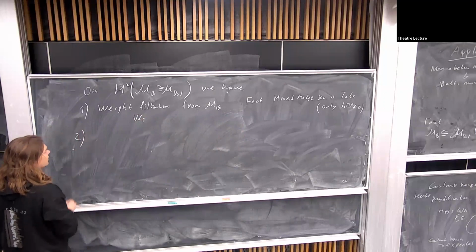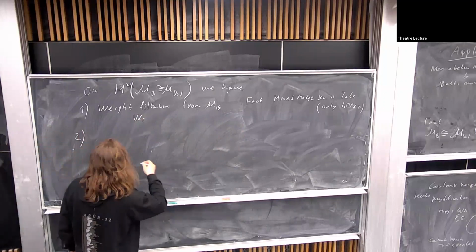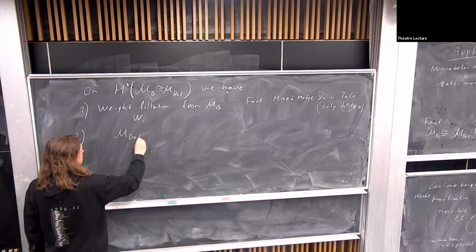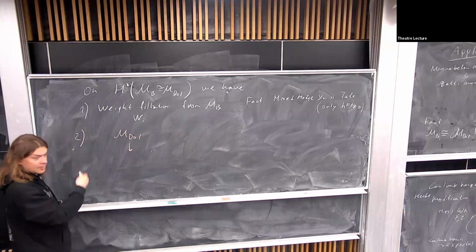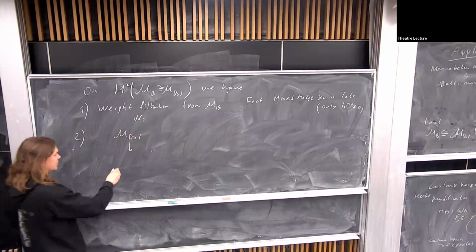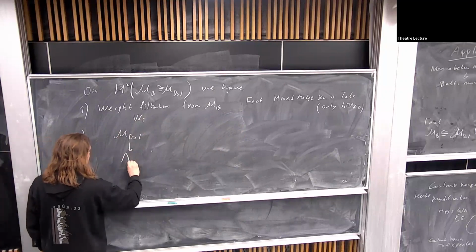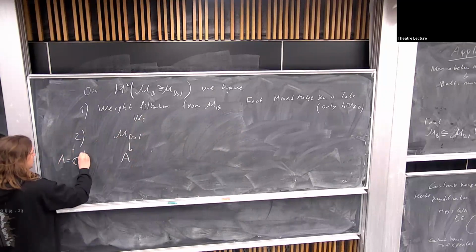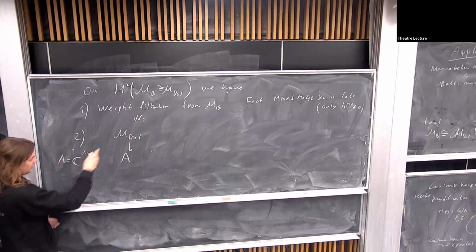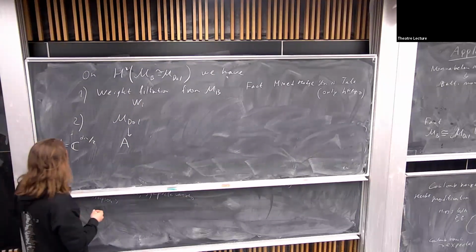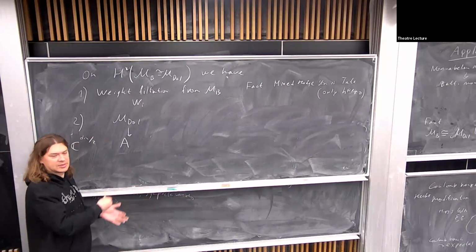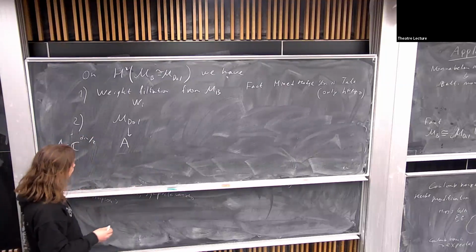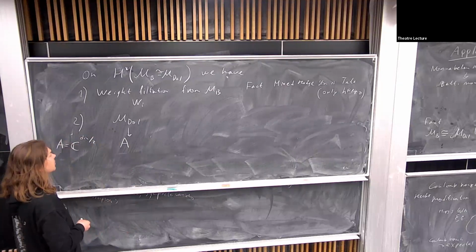Then another thing is that this M_Dolbeault has fibers over the Hitchin base, with C to the dimension half the dimension of the space. This is a completely integrable system, and that makes it interesting.